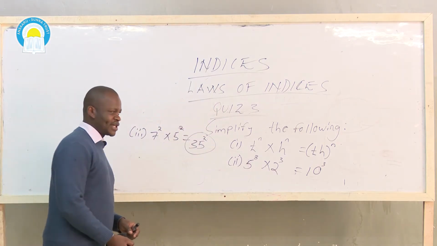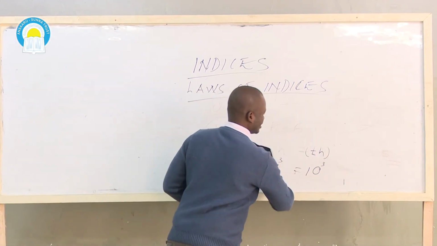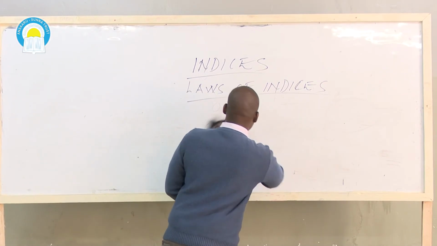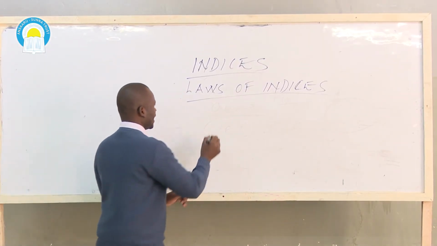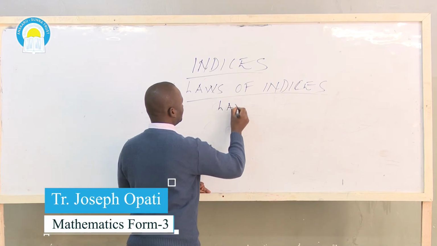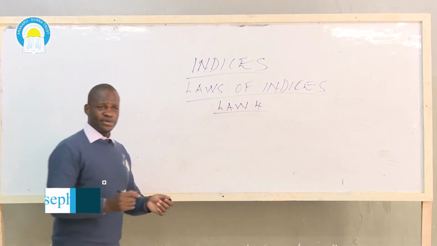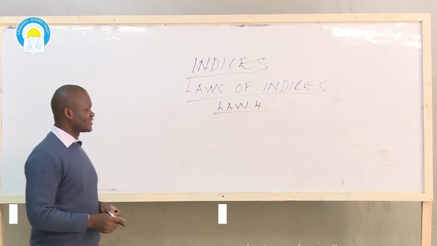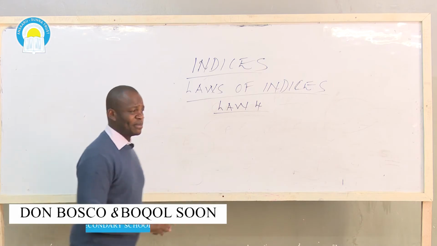Now we can go to our fourth law. Okay, law number 4. Now we state the law, then discuss the condition for the law to be applicable.